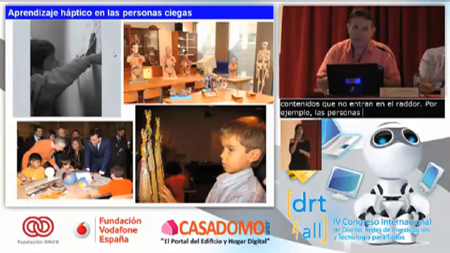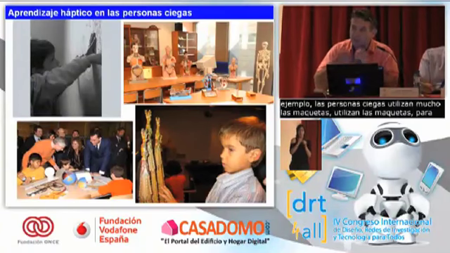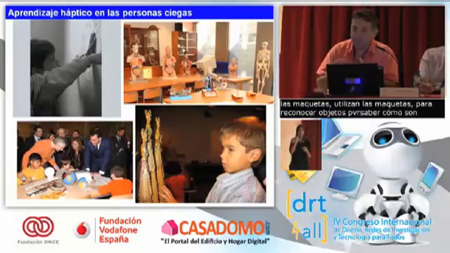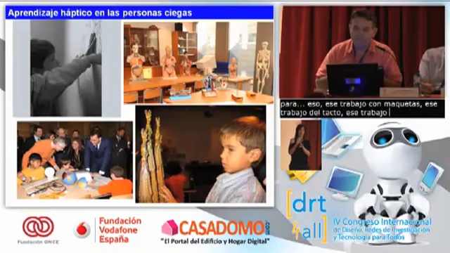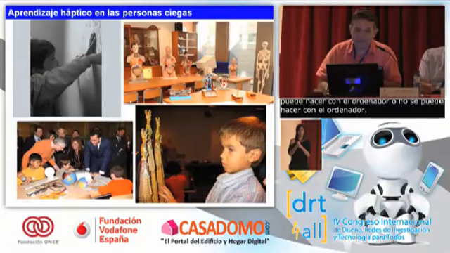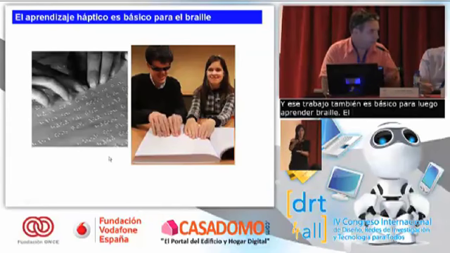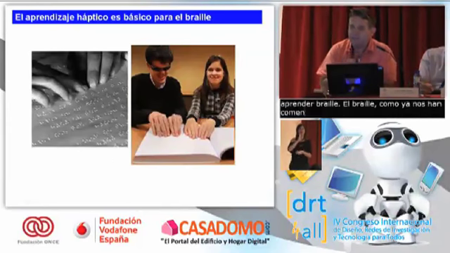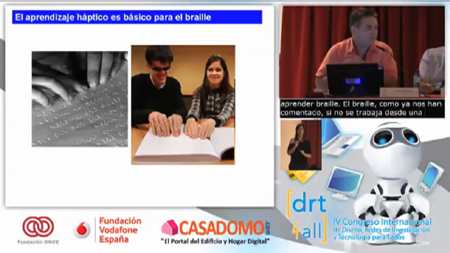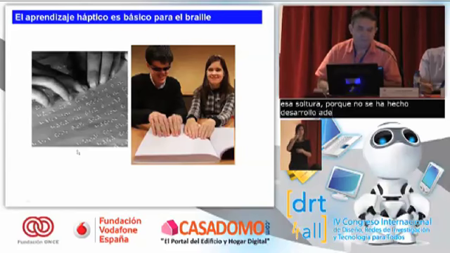For instance, blind people use models a lot in order to recognize objects, to know how they are, what they are like, etc. And this work with models, this touch work, could not be done with a computer. And this work is also basic in order to learn Braille. As has been said before, Braille, if we don't start from a very early age, is very difficult in the future because we have not done all the work needed in order to be able to work with it.